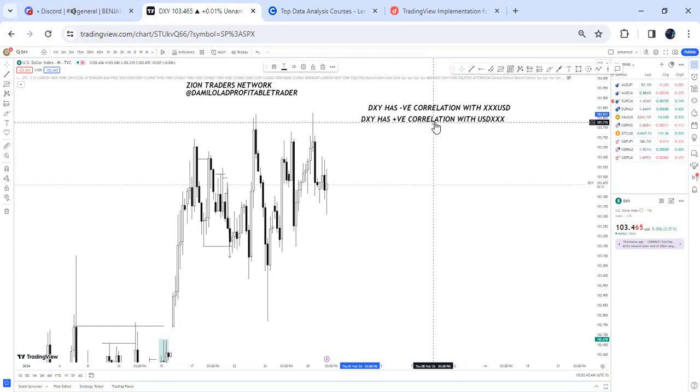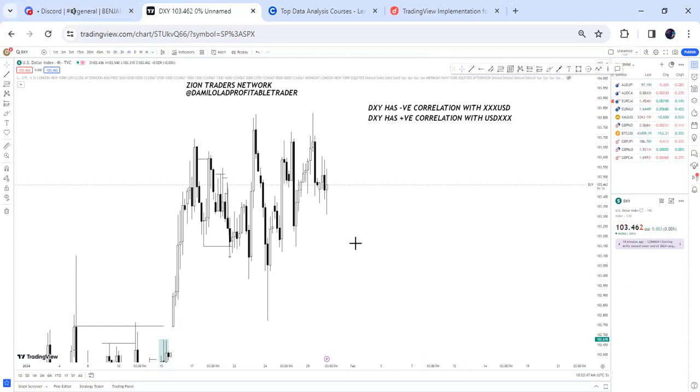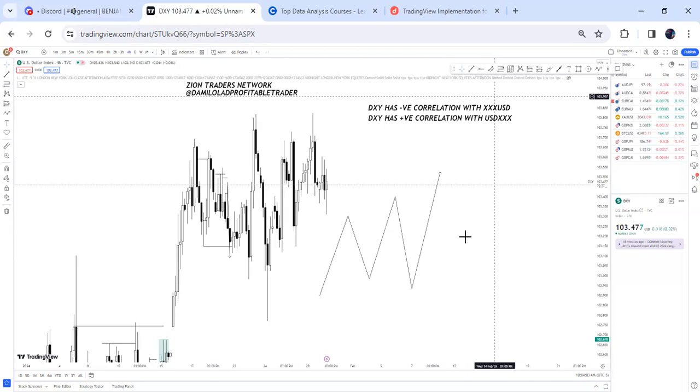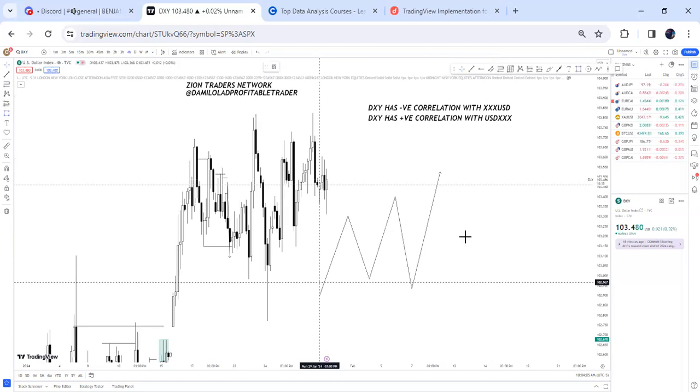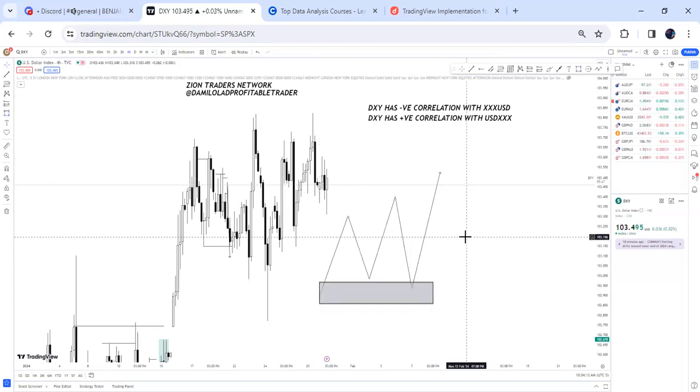So what this now means on the chart is, if I am expecting to have a bullish DXY, so maybe I did all of my analysis and I'm expecting the DXY to buy, what information it gives to me is that on EU, I should be looking for the opposite of the DXY, meaning on EU, I should be looking for sales.